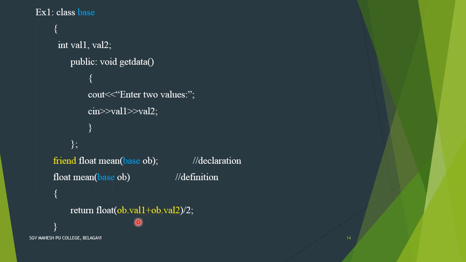When you are dealing with a friend function, you have to use the object with the dot operator, OB.value1 plus OB.value2, then the other calculations. Remember, this is a very important point. Whenever you are dealing with a friend function, you have to use the object name, the dot operator, and then the values.